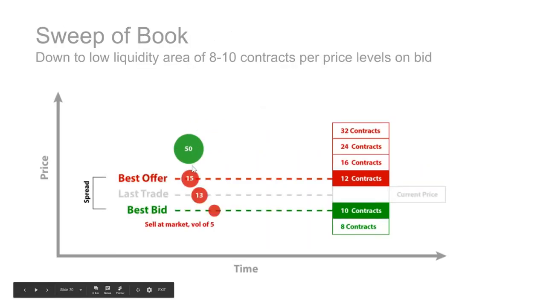Now they come in and sweep the book lower, 15 contracts, and then 13, and they're still hitting the bid here. Now a sell market order volume of 5 occurs into these 10 contracts.